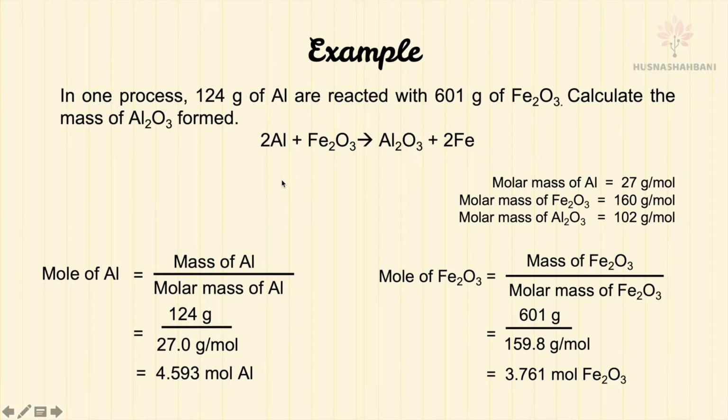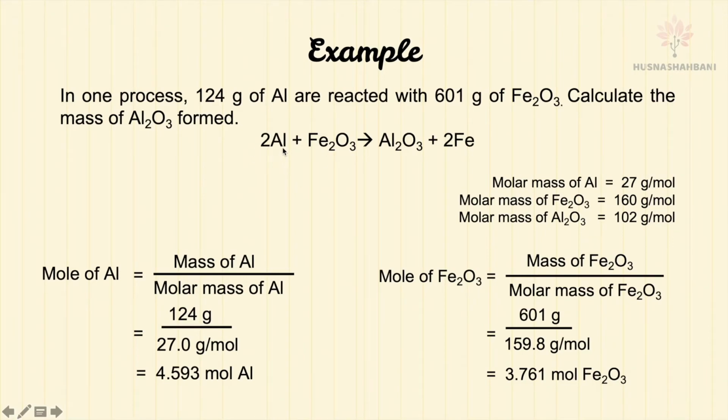Now, find the number of mole of both reactants. Mole of Al, 4.593 mole, and then the number of mole of Fe2O3 is 3.761 mole. By dividing their masses with their molar masses, we have the number of mole of both reactants.